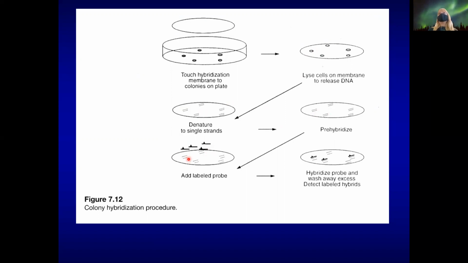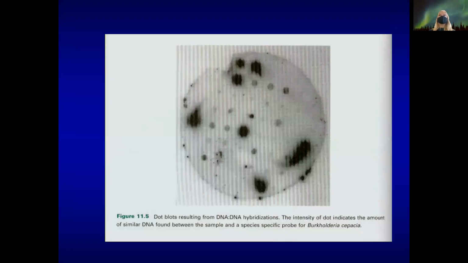The old way to do it was through autoradiography, but they can do fluorescent techniques now. When you process the membrane after you've added your probe, this is autoradiography, you can see all the colonies that turned dark are the ones that took up the probe.